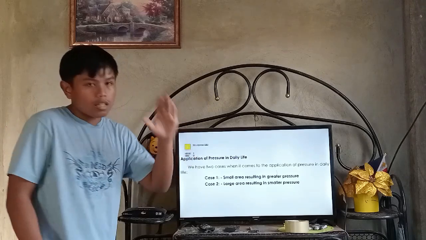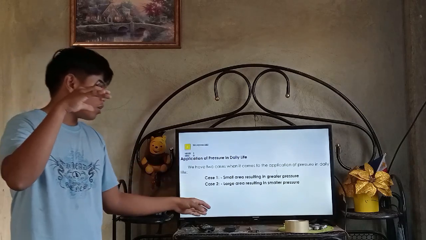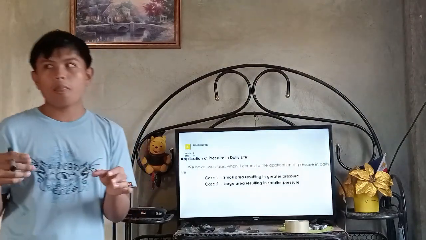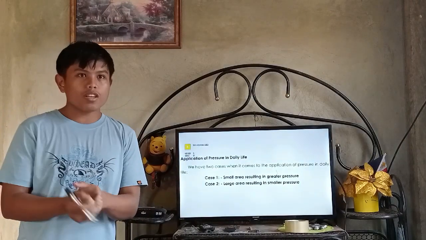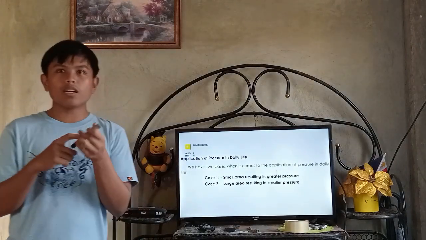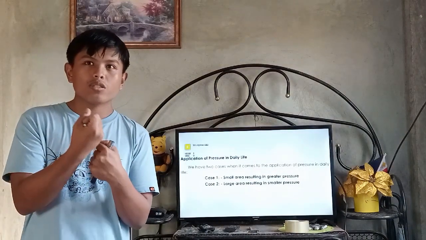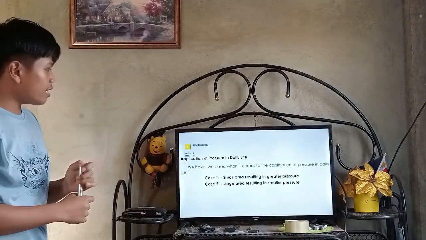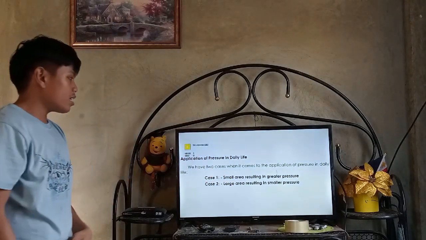In this part, if there's a smaller area, that means there is greater pressure, just like a water hose. If its opening is small, that means the pressure is greater. That's why firefighters use a small hose, so that the pressure of the water exceeds and reaches up high. The second case is that a large area will result in a smaller pressure.